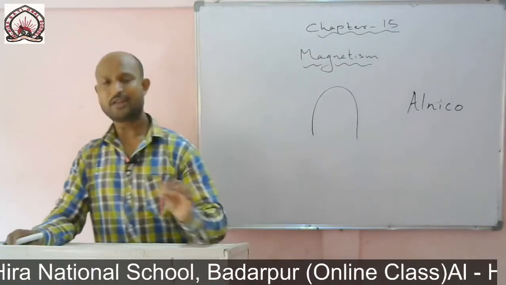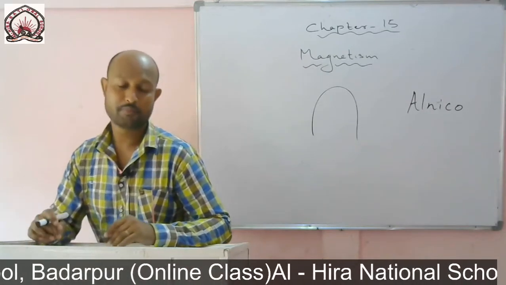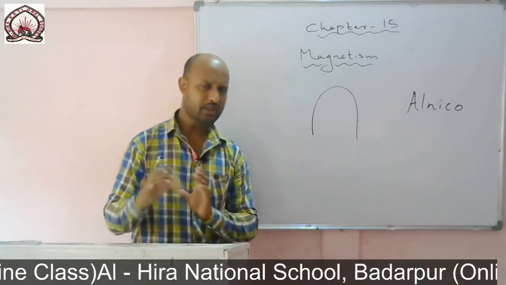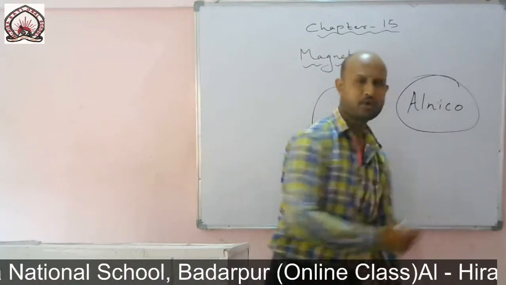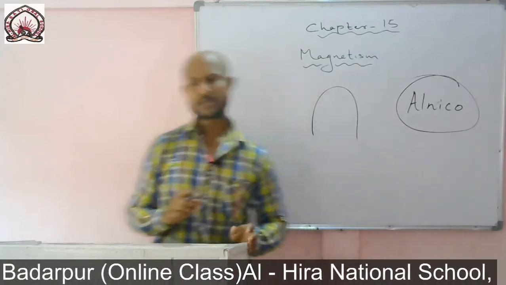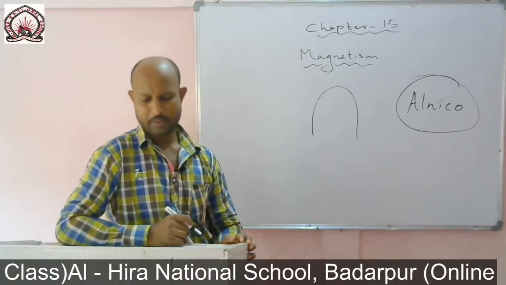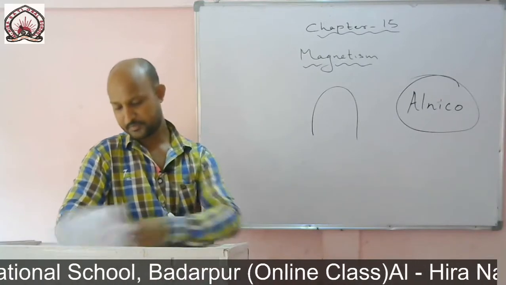Amongst all the permanent magnets, we consider Alnico the strongest magnet. Why? Because this magnet consists of aluminium, nickel and cobalt, and it hardly loses its magnetism.